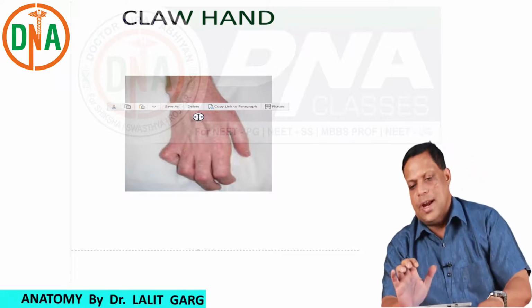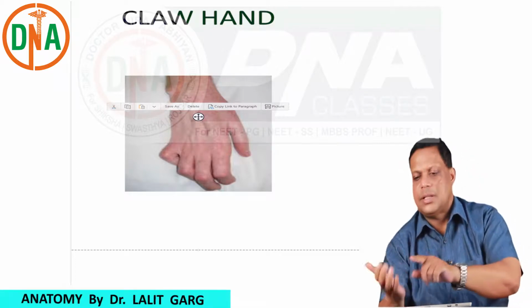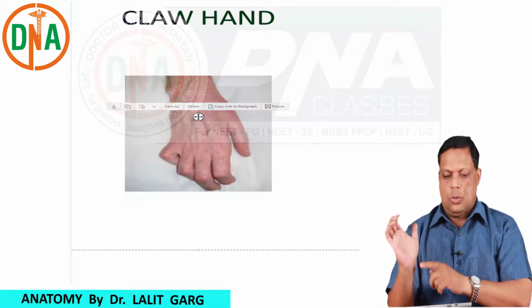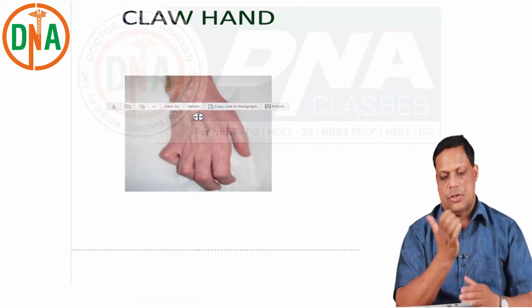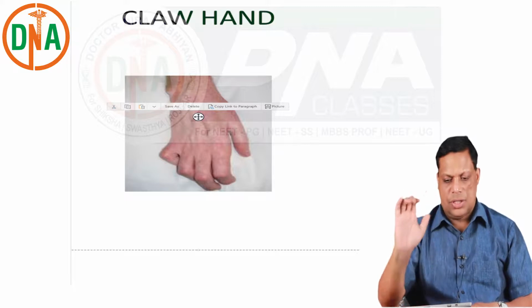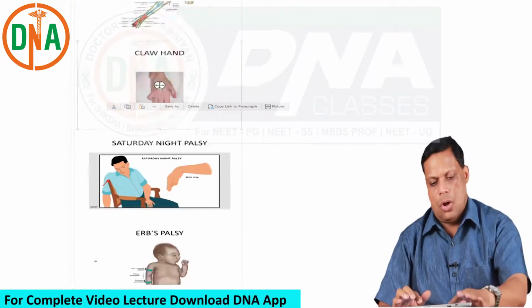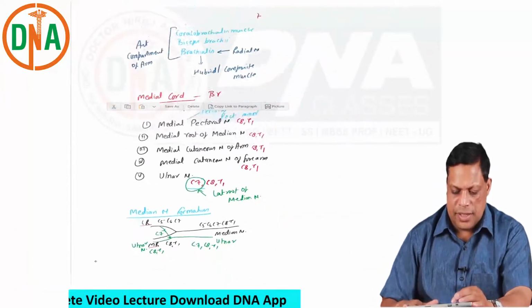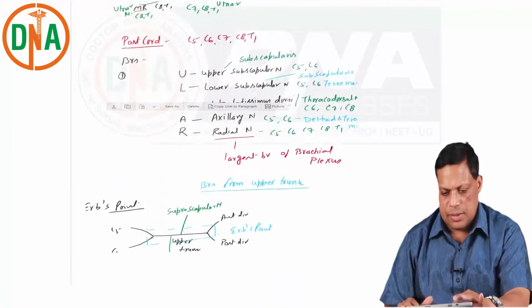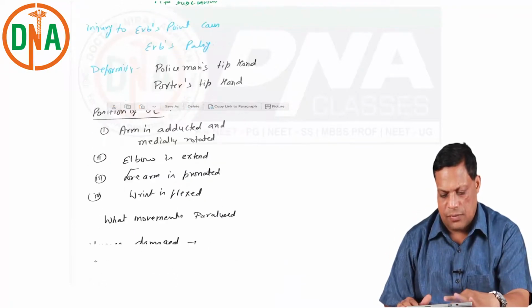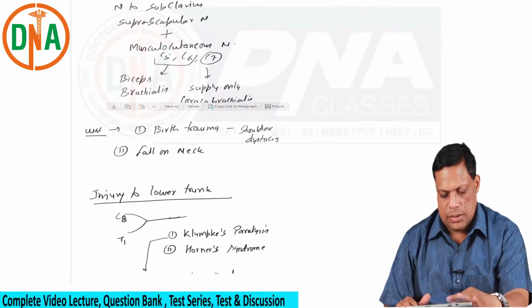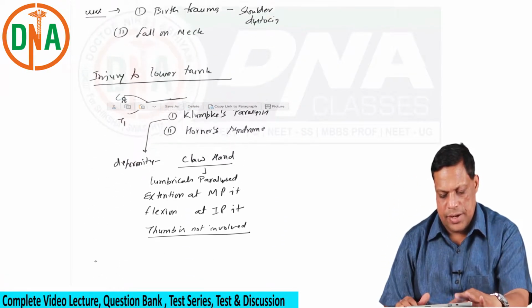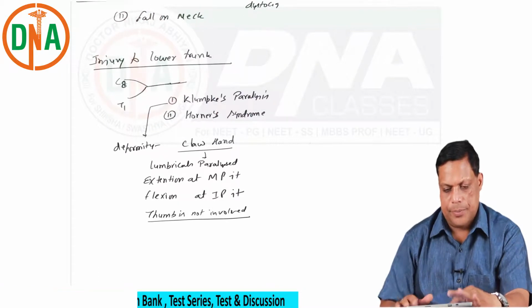So flexion at the IP joint, this PIP joint, DIP joint, both are flexed, and this metacarpophalangeal joint, MP joint, it is extended. So this is the claw hand deformity. Because C8 T1 nerves supply the intrinsic muscles of the hand, that is why the paralysis occurs in the intrinsic muscles of the hand.